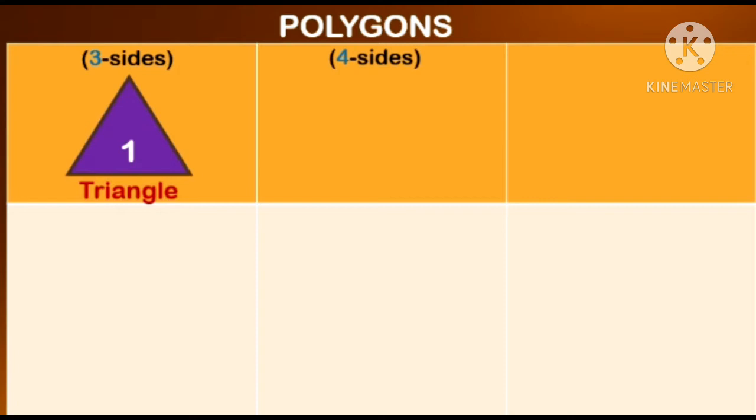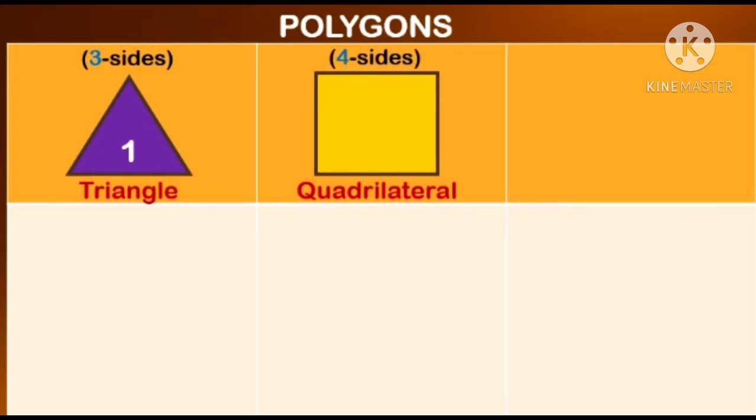Yes, it can be a rectangle, square, parallelogram, trapezium, like that. So we can call it a quadrilateral. So a four-sided closed shape is a quadrilateral. Here we can see a figure. When I draw a diagonal here, we get two triangles, right?